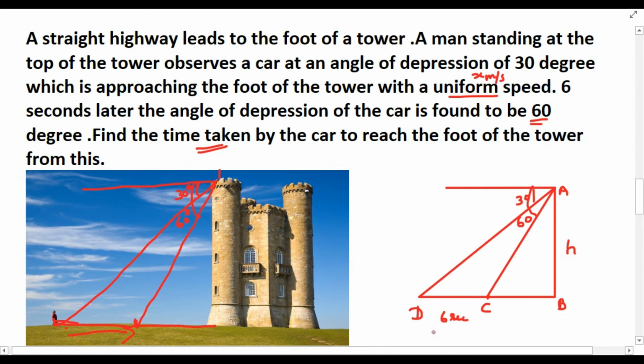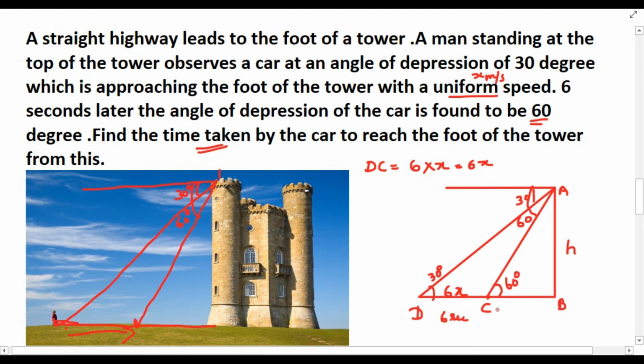So the distance DC will be, we know distance is equal to speed into time. That will be 6 into x, time is 6 seconds and speed is x. So DC will be 6x, and by alternate angles we know this angle is 30 degree and angle C will be 60 degree.